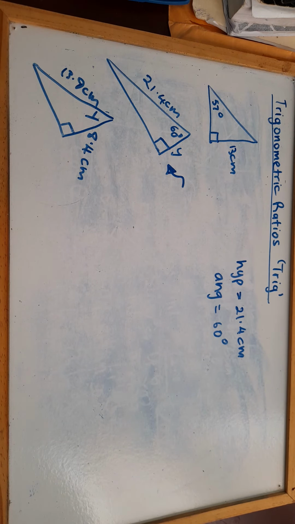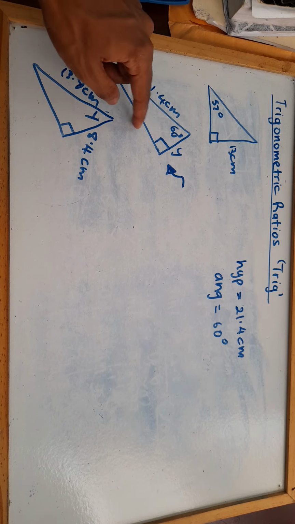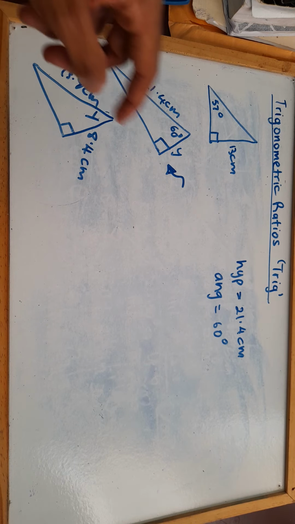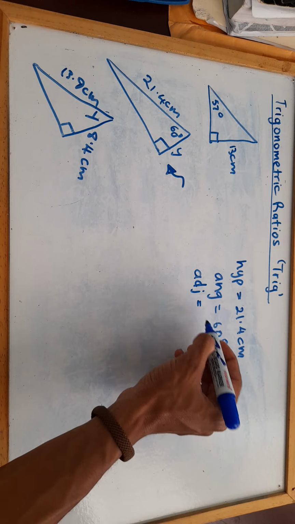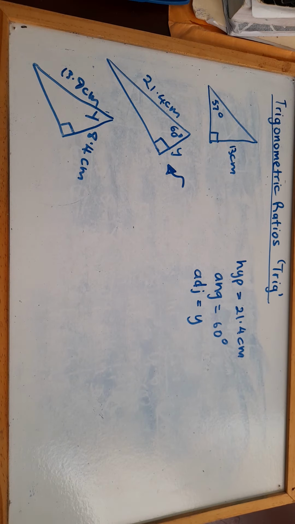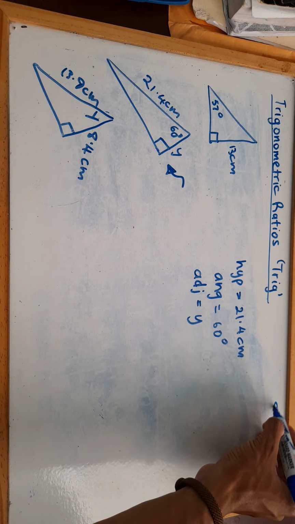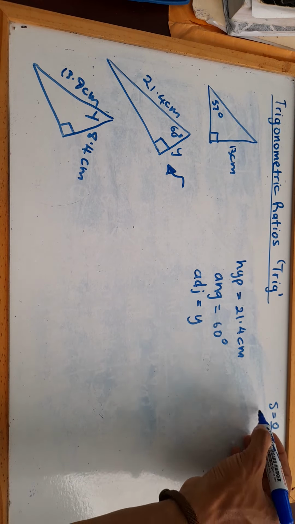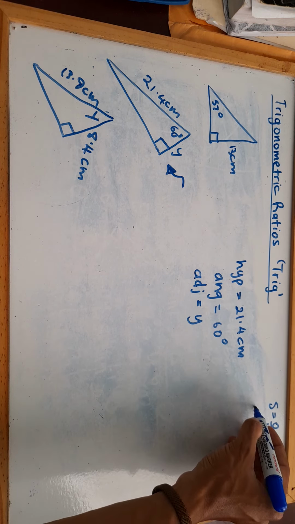Y is not our opposite. If you remember, 60 degrees here, this would be opposite of 60 degrees. It's not the opposite, it's the adjacent. Now we have the adjacent and we have the hypotenuse. I'll just write the trig ratios here for remembrance.